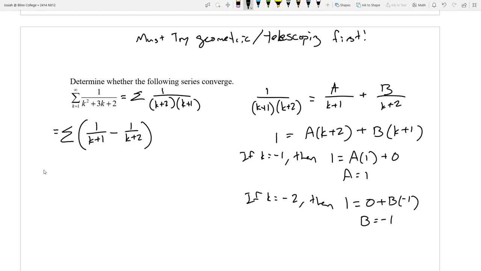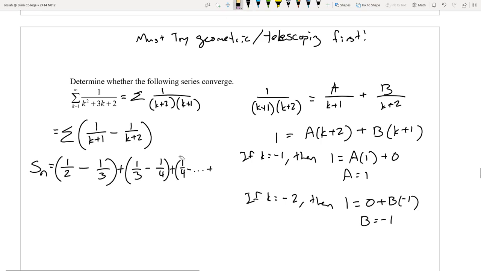So remember, for that, we set up our partial sums. We go ahead and add the first n terms together. So we plug in 1 for k first. So that gives us 1 over 1 plus 1 is 2, minus 1 over 1 plus 2 is 3, plus, plug in k equals 2, 1 over 3 minus 1 over 4, plus 1 over 4 minus, and so on, all the way up to, let's go ahead and put the dots back here.